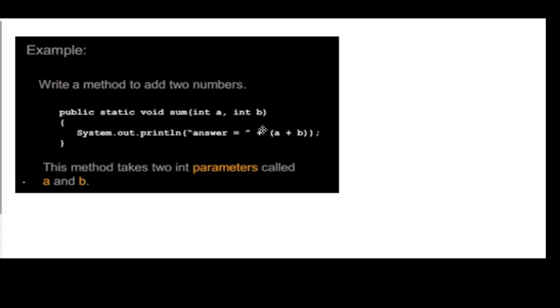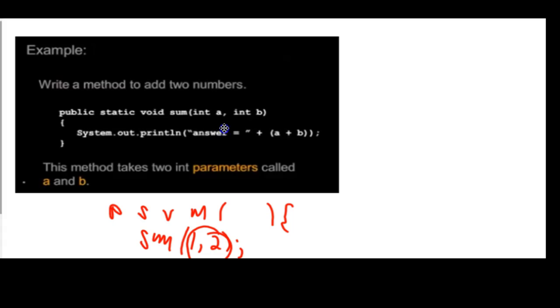So if somewhere in my program, in my public static void main, I did sum 1 comma 2, the 1 and the 2 are the arguments. The a and the b are the parameters.